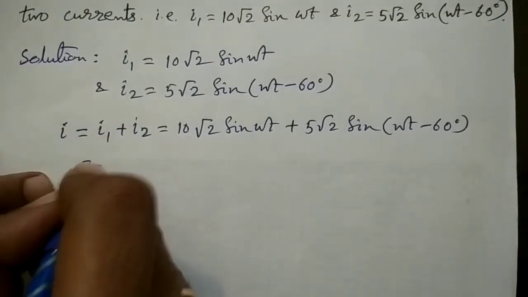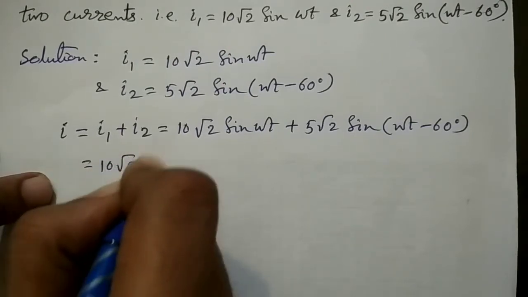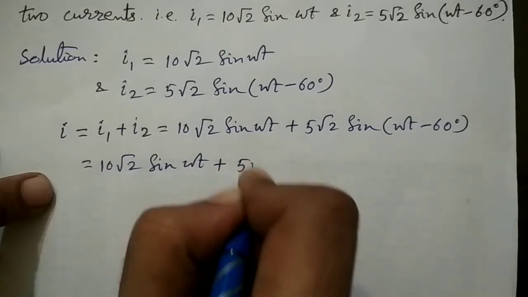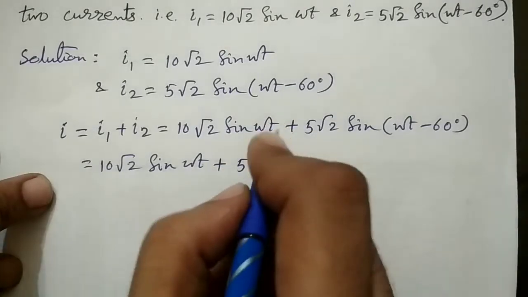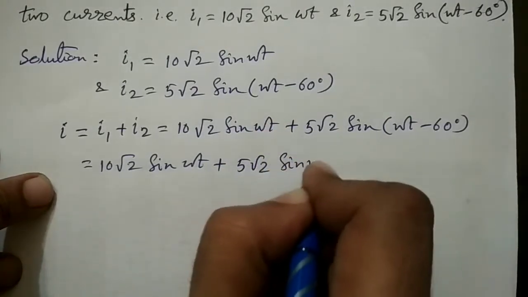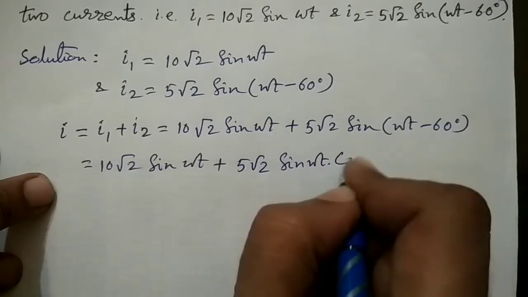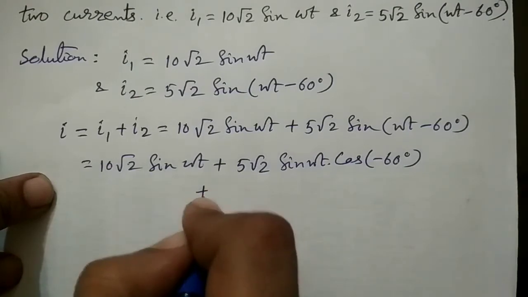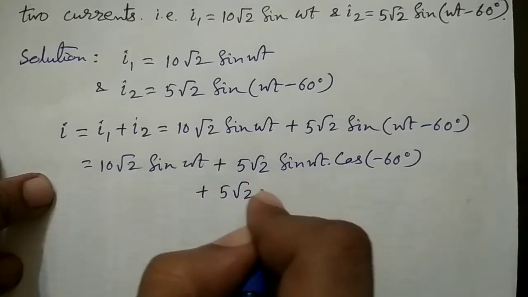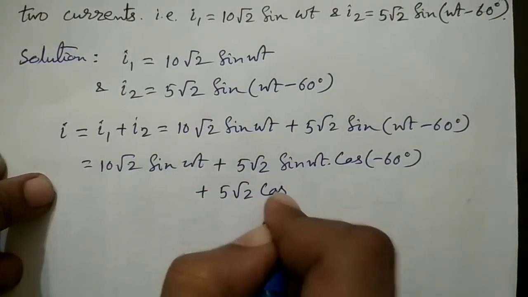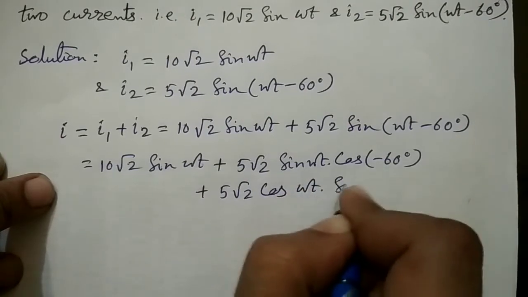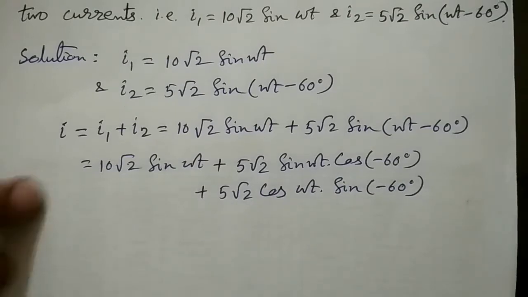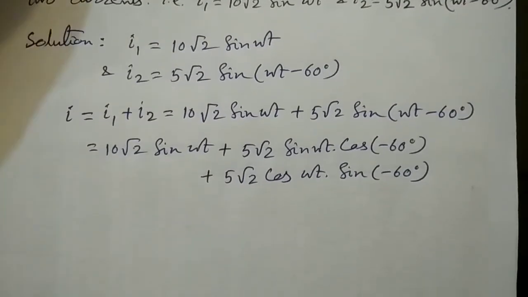It can be written as 10 root 2 sin omega t plus 5 root 2 sin omega t into cos minus 60 degrees plus 5 root 2 cos omega t into sin minus 60 degrees.